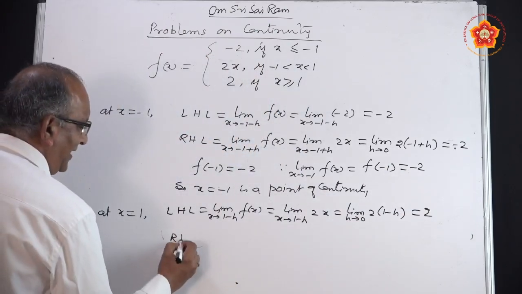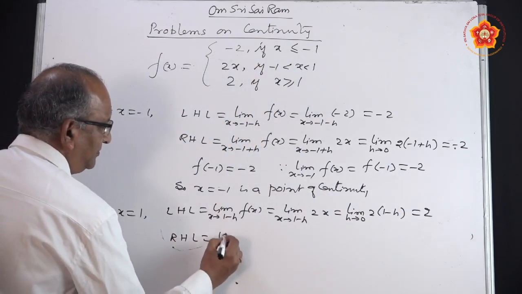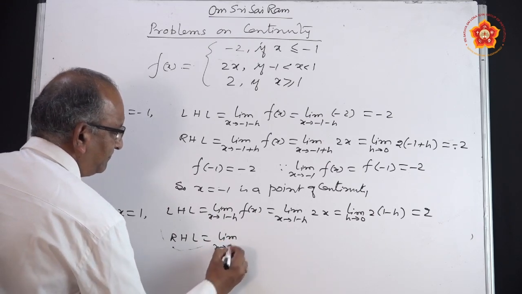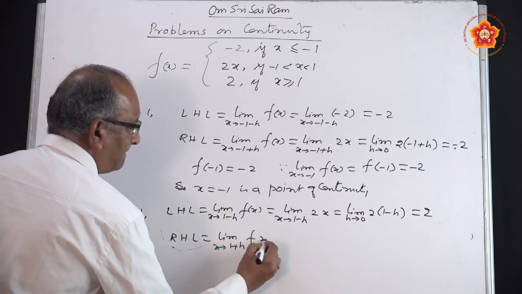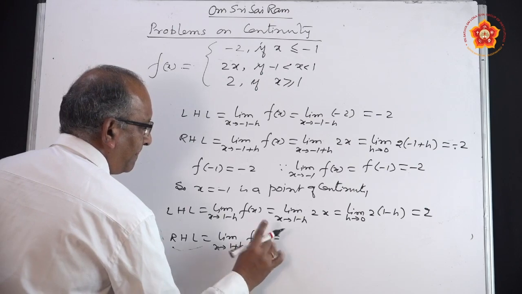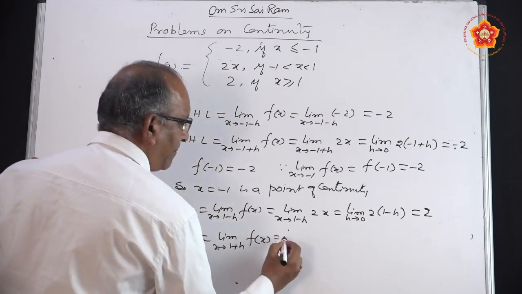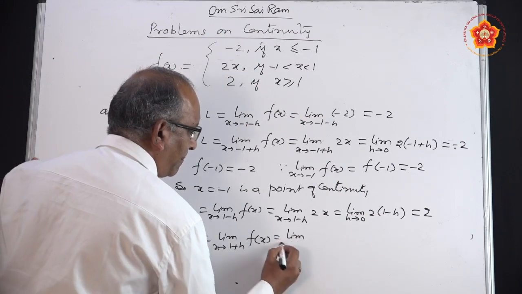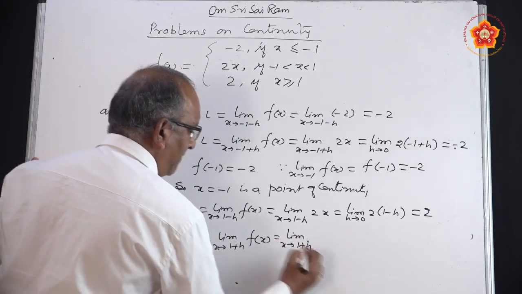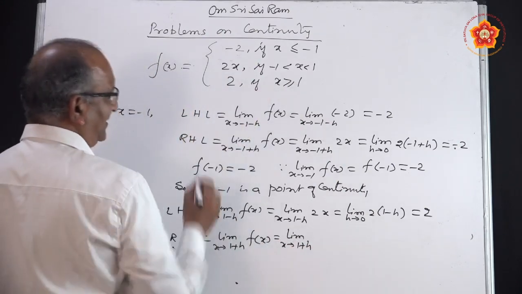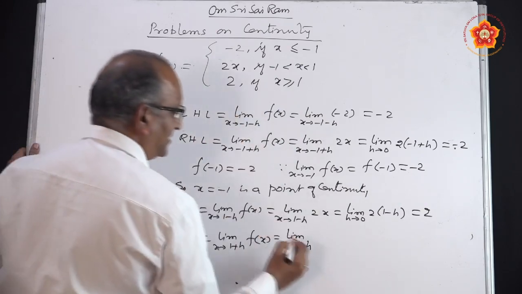And the right hand limit: if x is greater than 1, the function is 2.